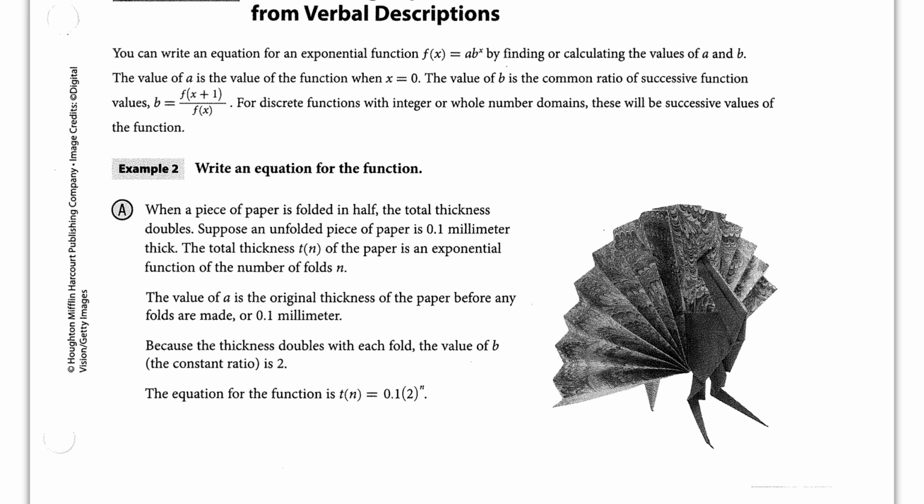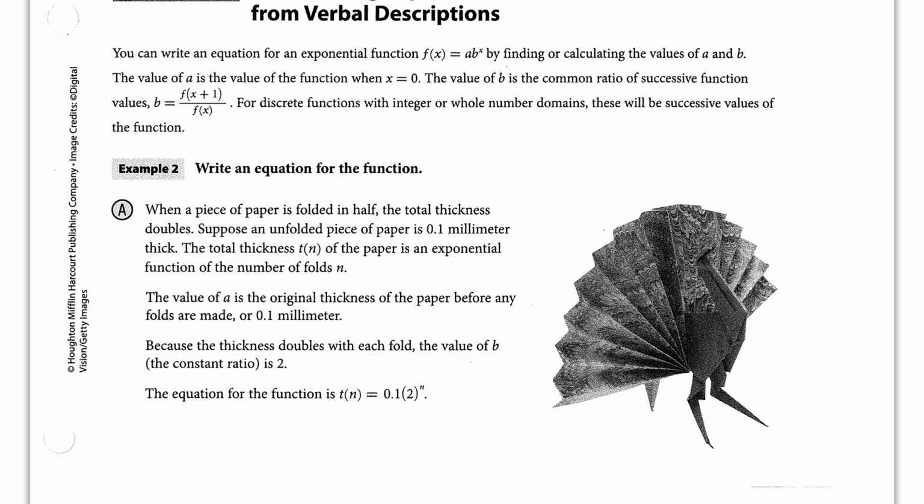When a piece of paper is folded in half, the total thickness doubles. Suppose an unfolded piece of paper is 0.1 millimeters thick. The total thickness, T of n, of the paper is an exponential function of the number of folds n.